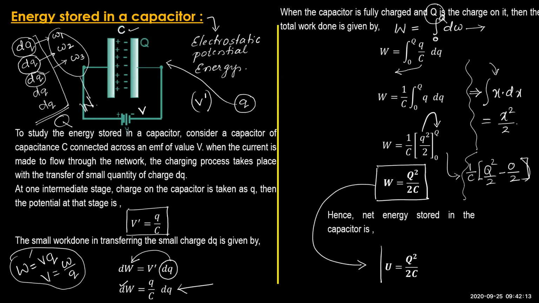Yes, so this is the equation for the work done, and we know that the work done itself is considered as the potential energy stored. Hence the potential energy stored in the capacitor is given by U is equal to Q square by 2C. A very important formula for the numericals for CET and for NEET.